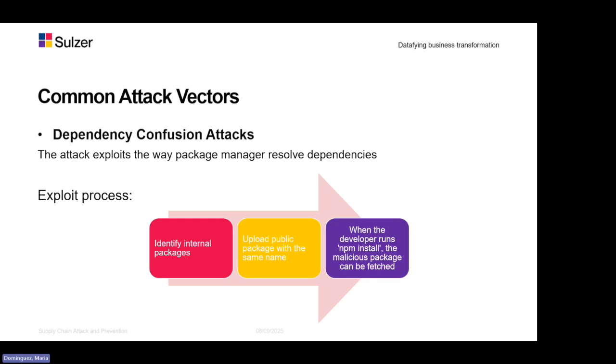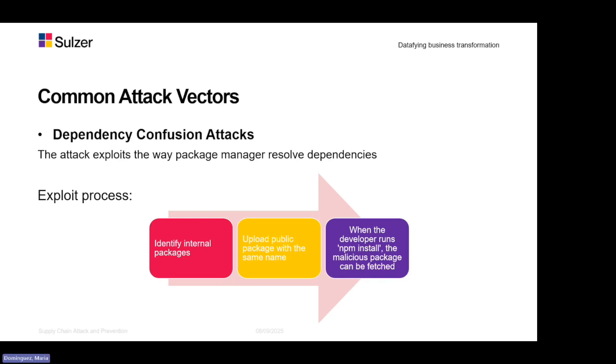By doing these attacks, the intruders exploit the way package managers like npm and PyPI resolve dependencies. These malicious actors upload packages to public repositories with the same name as one of our private internal packages.